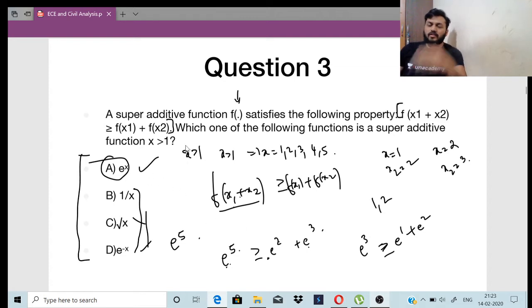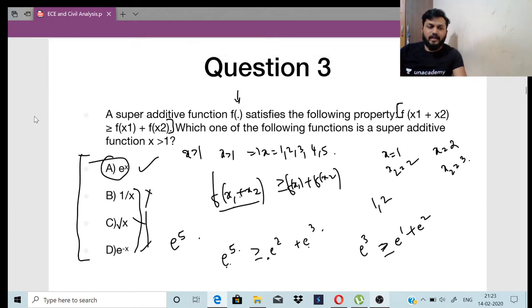You can actually do the same thing in options B, C, D also. 1 by x: substitute 1 by x1 plus x2. So 1 plus 3, 1 by 3 is equal or greater than 1 by 1 plus 1 by 3? No, 1 by 1 is itself 1. So B is wrong there.